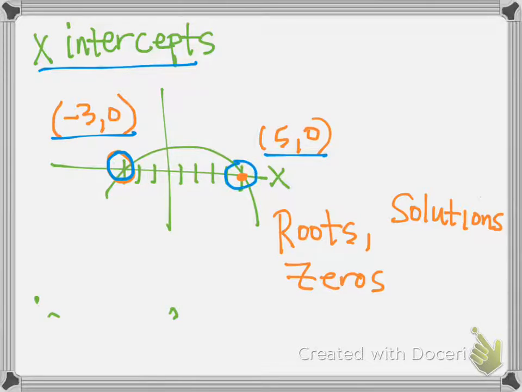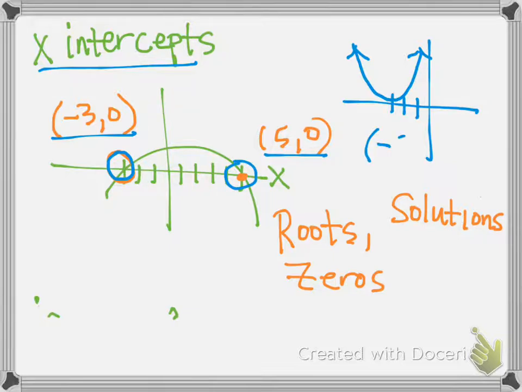An x-intercept could also look like this, where it would just touch once. So this would be (-3, 0). That would be another way of having an x-intercept, if it just touches the x-axis.